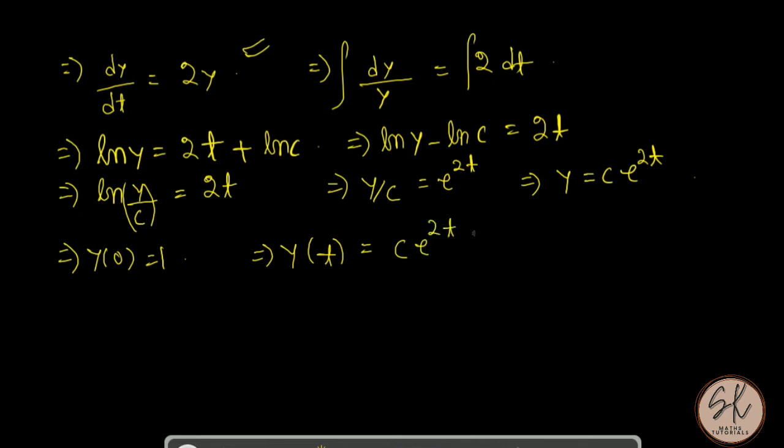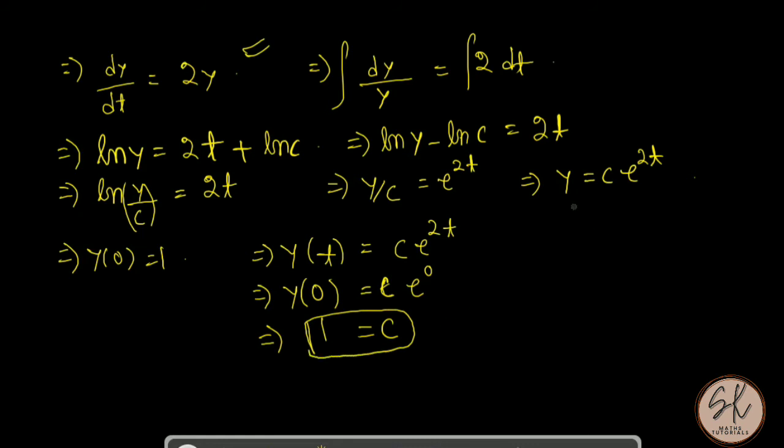So now put 0 in place of t, then we get y(0) = c into e^0. c e^0 is c, and y(0) is given as 1, so we got c to be 1.